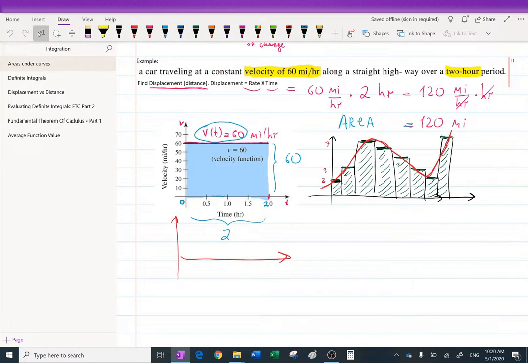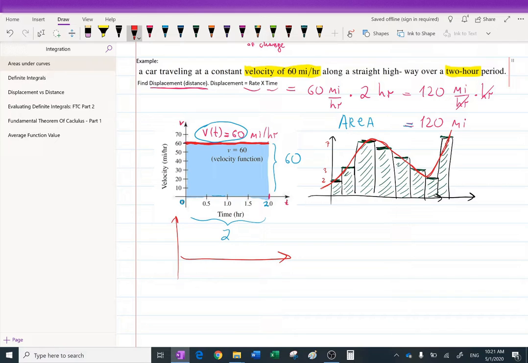The main idea was accumulating something which changes all the time. If you accumulate a constant change, that's fine. So velocity is a change, right? It's speed, how much the distance changes, how fast the distance changes. That's velocity. But if the velocity or the speed is the same, 60 miles per hour, that's constant speed. That's basically what happens if you hit cruise control and fix it at 60 miles per hour.